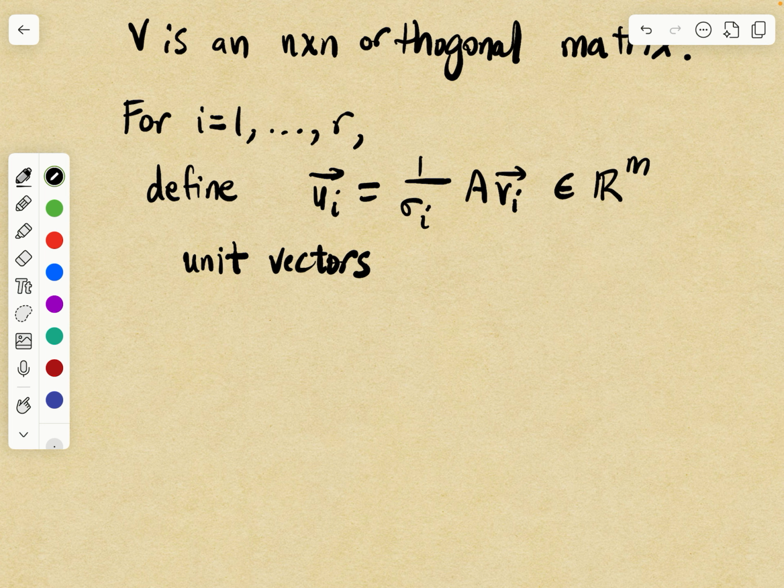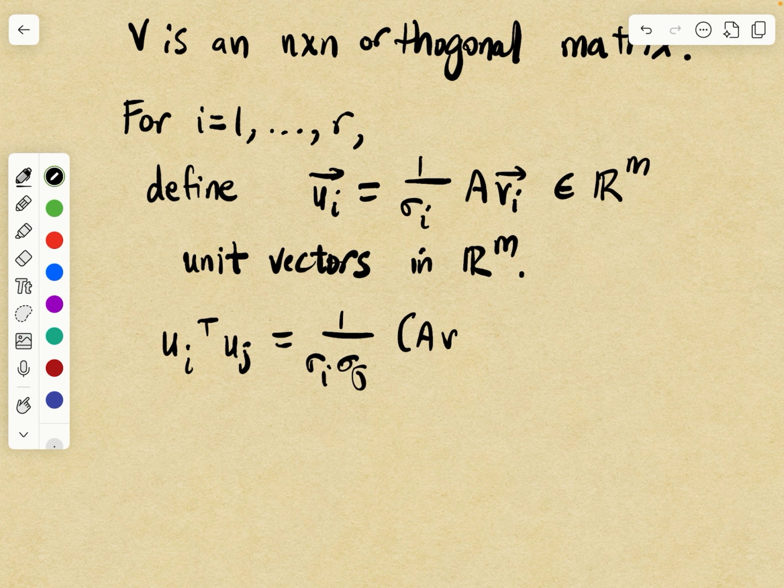Let's check that they're orthogonal to each other. If I take the dot product of Ui with Uj, that's Ui transpose Uj, and by definition of the Ui's this is going to be 1 over sigma i times sigma j, A times Vi transpose A times Vj, right?